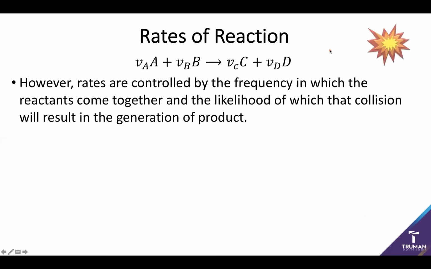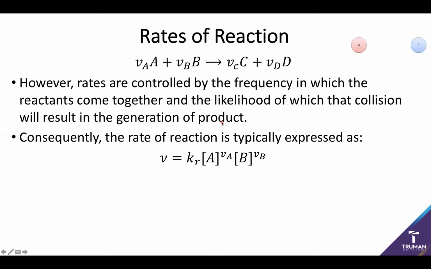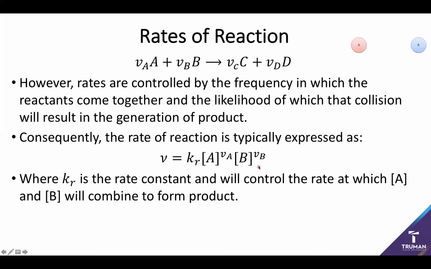So because we know there's a concentration dependence, what we're going to do for an elementary reaction is assume that the reaction rate is going to depend on the concentration of A and B, both raised to the power of how many molecules are actually going to be colliding, which should be controlled by the stoichiometric ratios. And again, Kr is just going to be our rate constant.